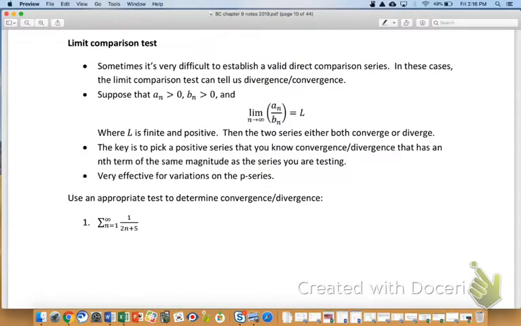So with the limit comparison test, this is going to sound so silly, but we're comparing two series, and we'll use a limit to compare them. Honestly, that's why it's called the limit comparison test. We're going to compare them in fraction form, and then we're going to take a limit of that.